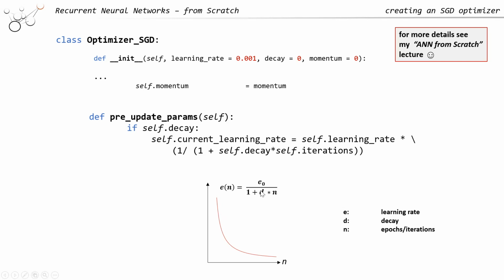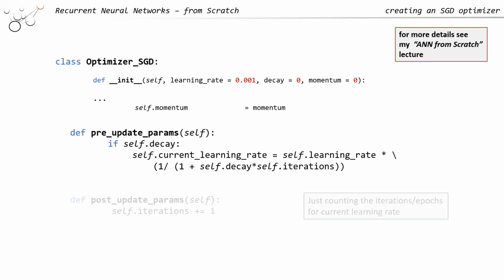And how much the number of epochs reduces the current learning rate depends on a so-called decay factor. And this is what we have here as an input. So if the decay is 0, then the learning rate is constant. If the decay is large, then it really drops fast. And that's also a method we keep as it is.